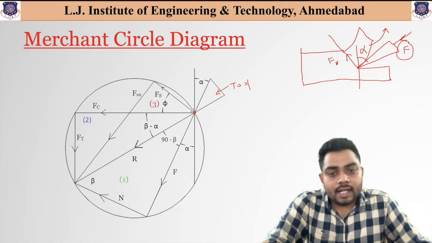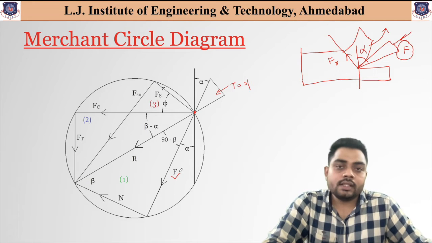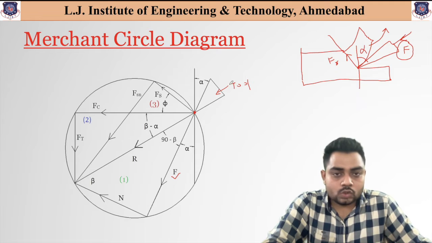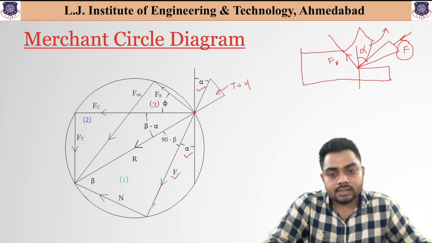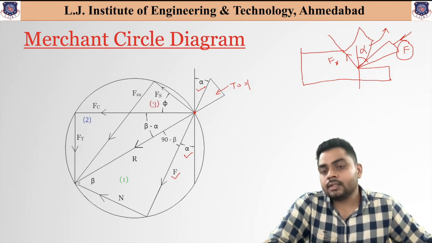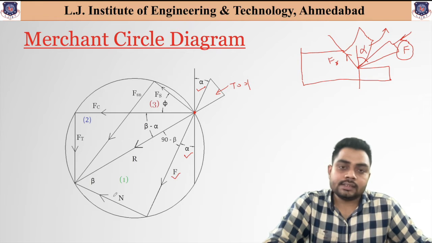So we are drawing the frictional force in the downward direction as shown over here, and we know that this tool makes the angle alpha with the perpendicular direction, and with the law of mathematics, if this angle is alpha, then similarly this angle can also be indicated as alpha. Now the force normal to the frictional force is drawn over here, right? So you can understand how we have drawn the first two lines.